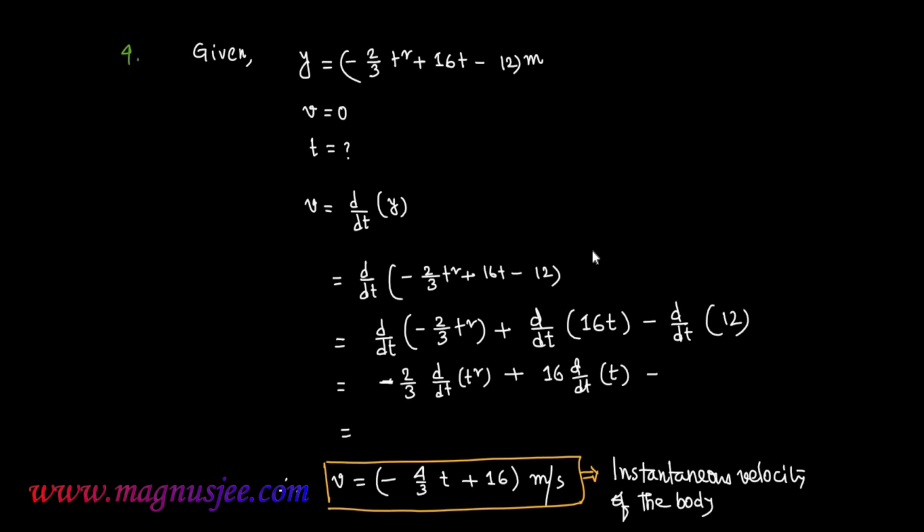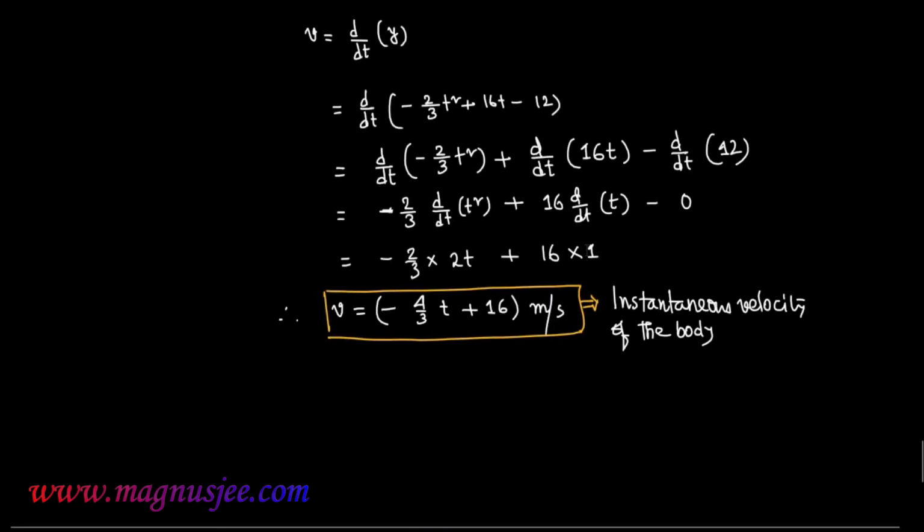Minus 0. And what is the value of d/dt of 12? 0. So now minus 2/3 and d/dt of t square is 2t, and 16 and d/dt of t is 1, so 16 into 1. So finally we get the expression of instantaneous velocity of the body at instant t equal t second.